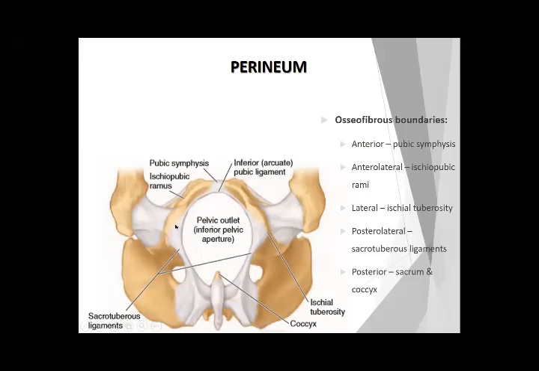Laterally over here you have the ischial tuberosities. Posterolaterally is the sacrotuberous ligament. And posterior most is the coccyx and the lower part of the sacrum. They make up the osseo-fibrous boundaries of the perineum.